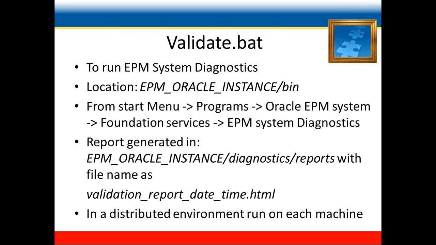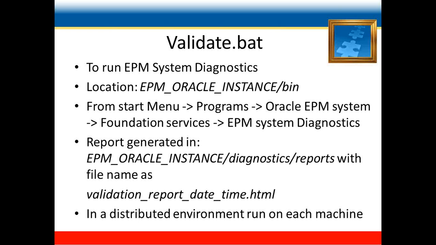Then there's an important utility to validate the EPM deployment of your environment. If you have installed and configured Oracle Hyperion EPM products, then you can use this validate.bat utility. For Windows you will see validate.bat, and for a Linux or Unix environment you will have to use the validate.sh utility.